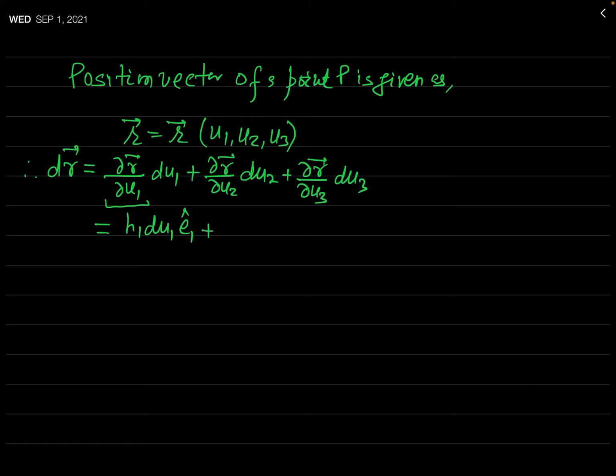Similarly, del r by del u2 is equal to h2 e2, so we can write h2 du2 e2 hat. And the third term can be written as h3 du3 e3 hat. Here h1, h2 and h3 are scale factors which we have discussed in the previous lecture. So let us say this is your equation 1.